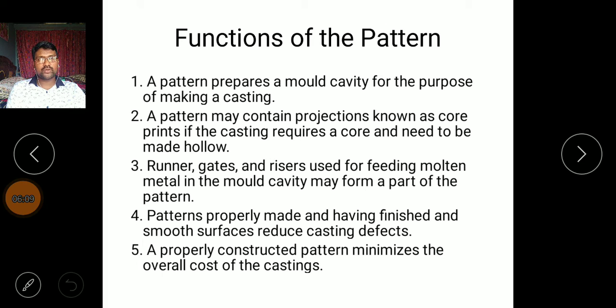If you place the pattern in one area, the molten metal must reach from the top of the surface to the mold cavity, and the metal in the gating system will be wasted after the completion of the part. For that reason, construction of the pattern, placed at the right place, is very important.